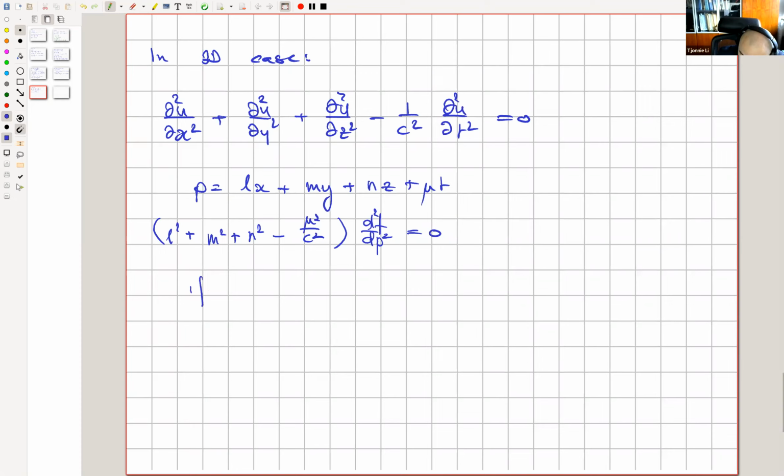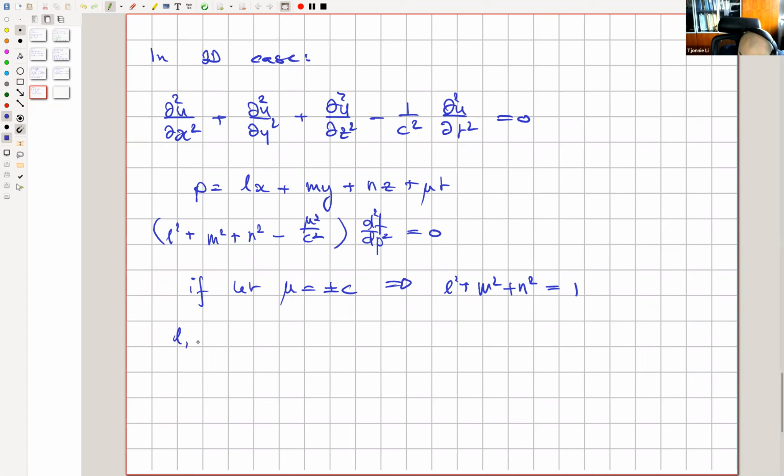If I let mu simply equal plus or minus c, then what do I have? I have that l squared plus m squared plus n squared equals 1. So in the three-dimensional case, what do I have?